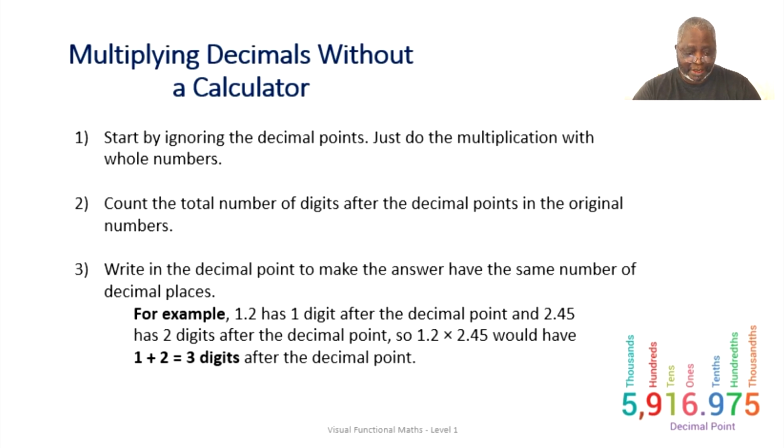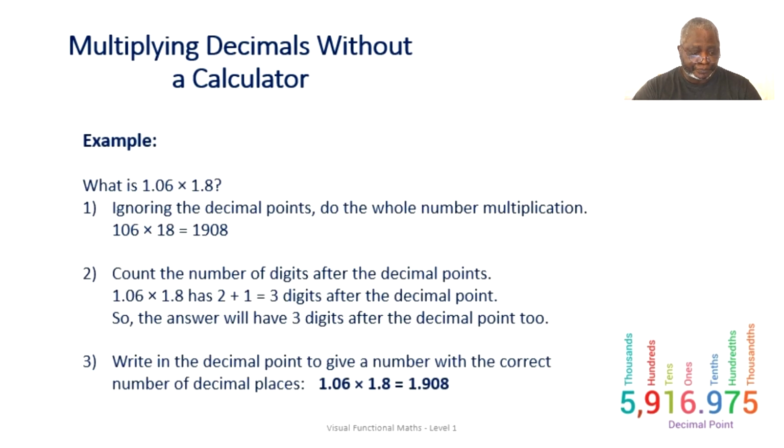That is when you're multiplying now. So, for example, 1.2 has one digit after the decimal point, and 2.45 has two digits after the decimal points. So, 1.2 times 2.45 would have 3 digits for its answer after the decimal points. And that is how we do it.